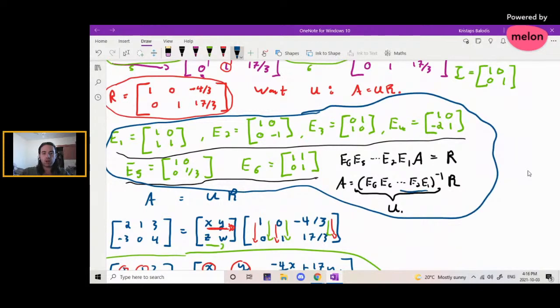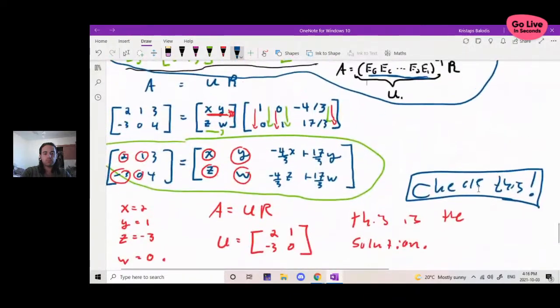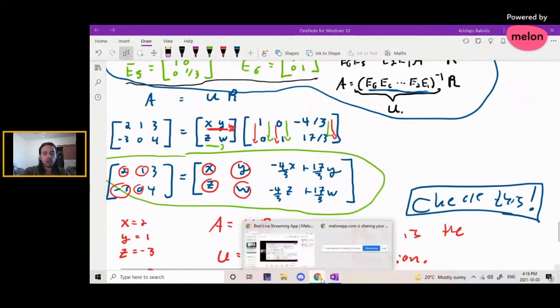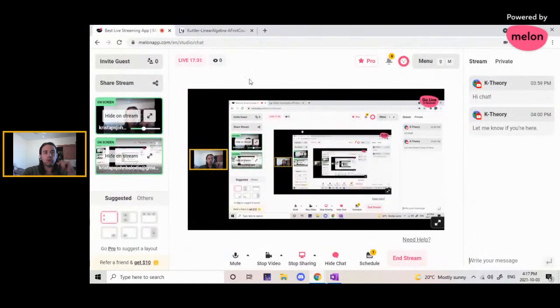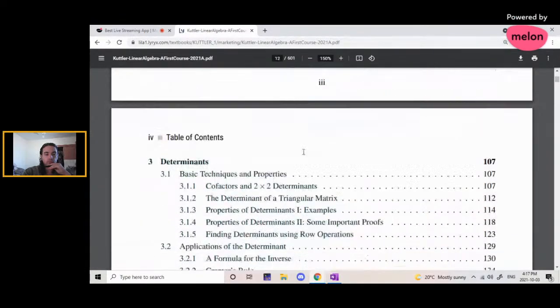You multiply all 6 matrices together and then take their inverse. So, of course, let me know if you have any questions or if you want to see anything done from a particular section of the textbook.